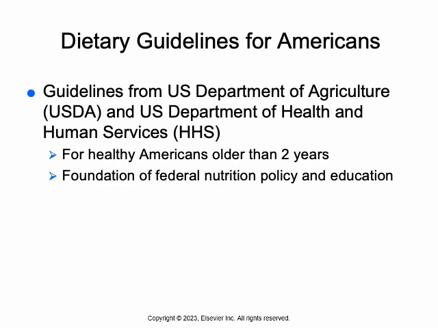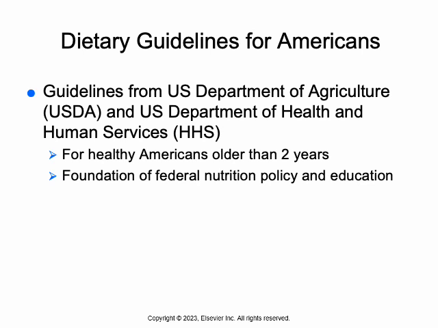For Americans, our dietary guidelines come from the U.S. Department of Agriculture, or the USDA, and also the U.S. Department of Health and Human Services, HHS. For healthy Americans older than 2 years old, there are recommendations that are updated every 5 years.